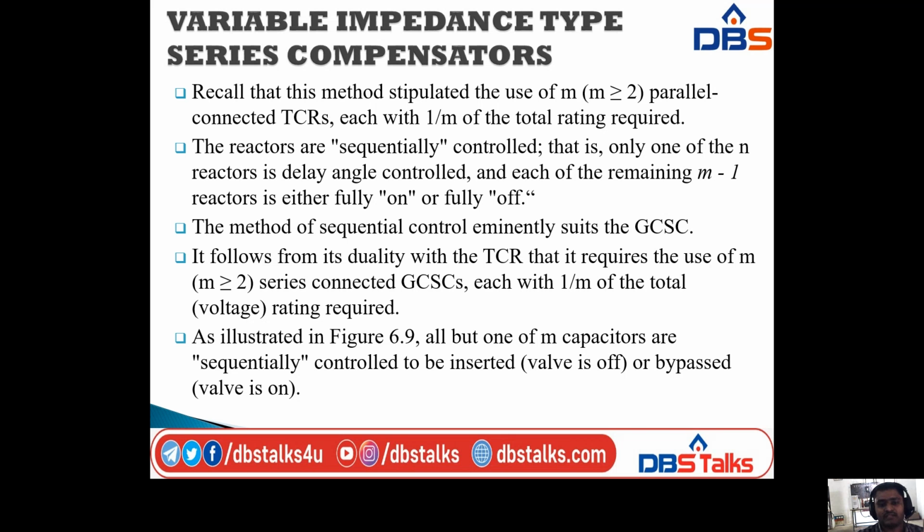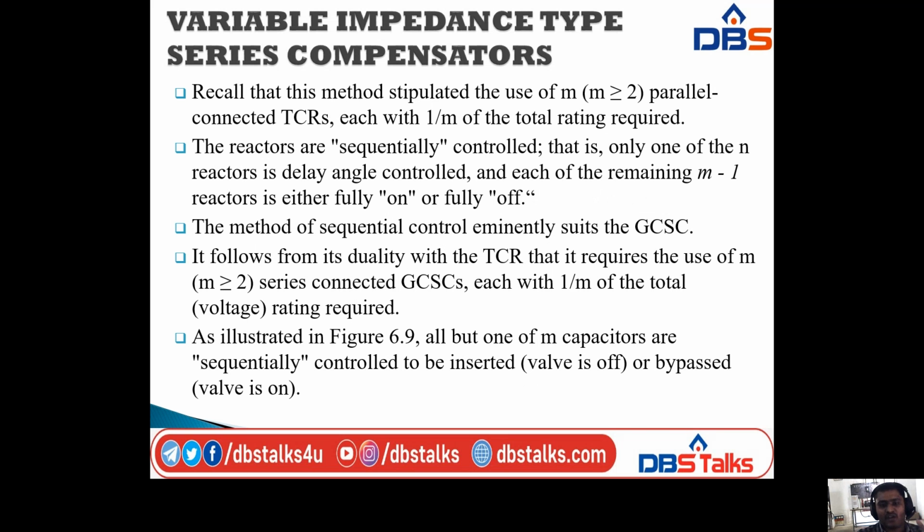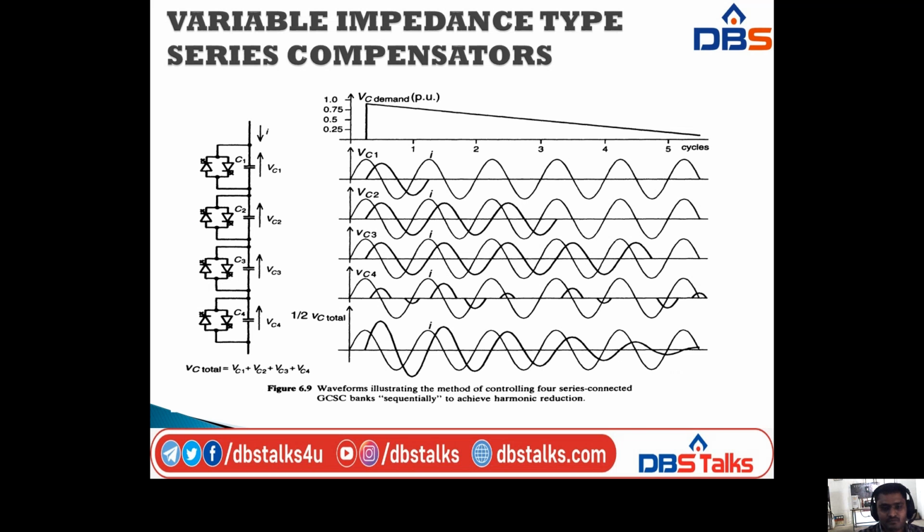As mentioned in this figure, all but one of the n capacitors are sequentially controlled to be inserted or bypassed. Here I am taking n capacitors, that is, Vc total is equal to Vc1 plus Vc2 plus Vc3 plus Vc4.